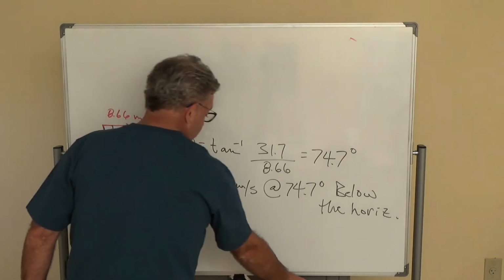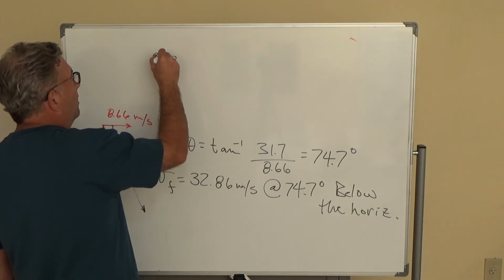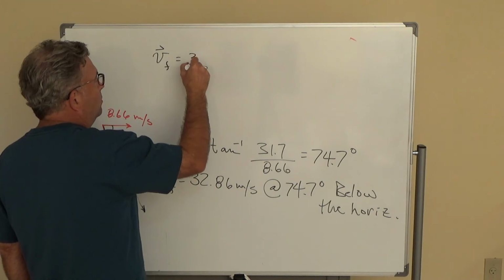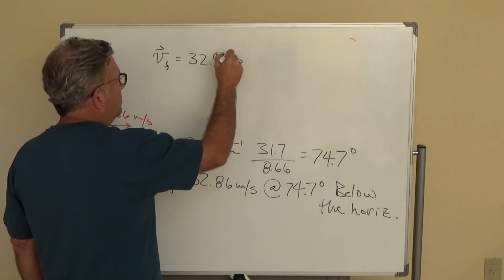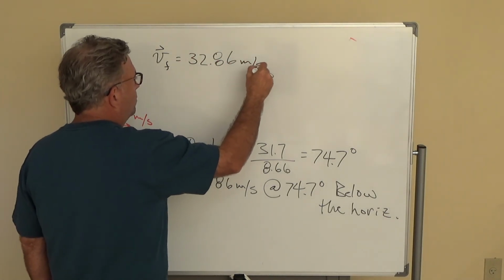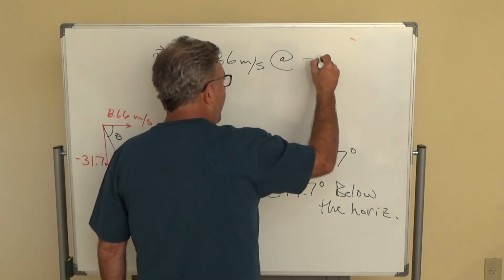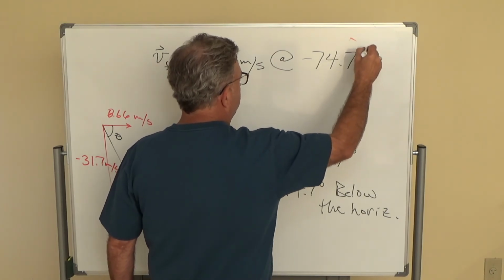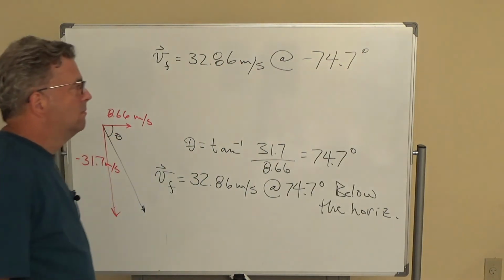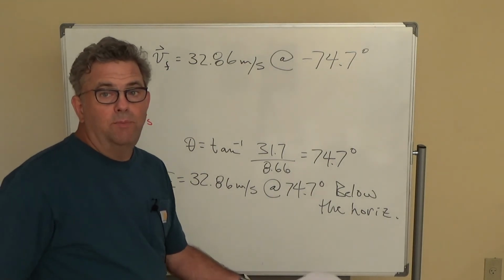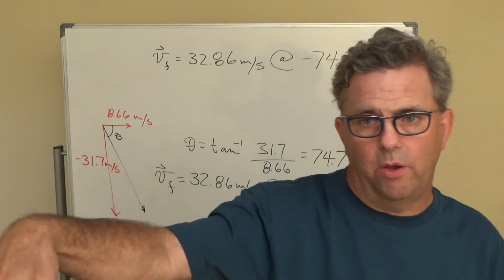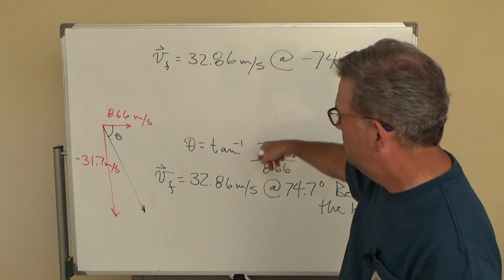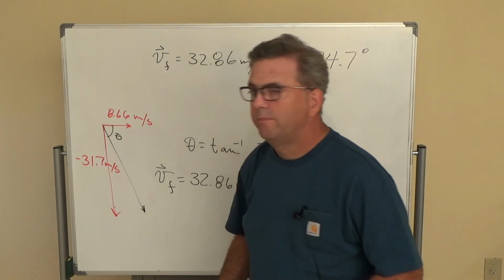Another way is, it's just another way of writing it. V final is equal to 32.86 meters per second at negative 74.7 degrees. Okay. That would tell me, okay, you know that it's below the horizontal. If that was the x-axis, it's that way.